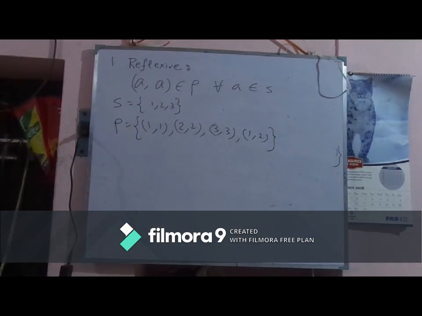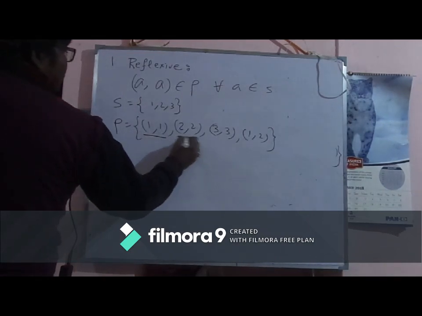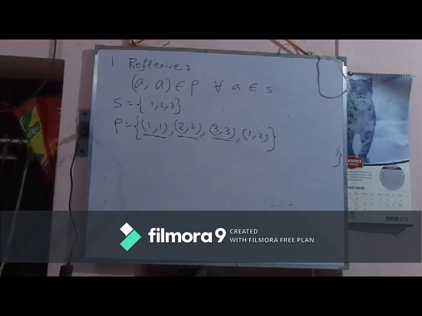The minimum requirement to be a reflexive relation in that case is (1,1), (2,2), (3,3). There may or may not be other elements. We are not interested in that. If at least one of these three elements is absent, then we say that the relation is not reflexive.